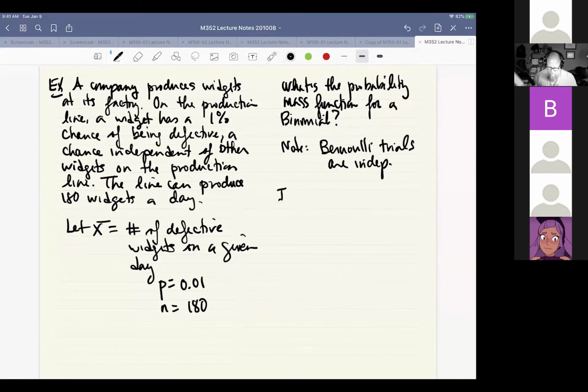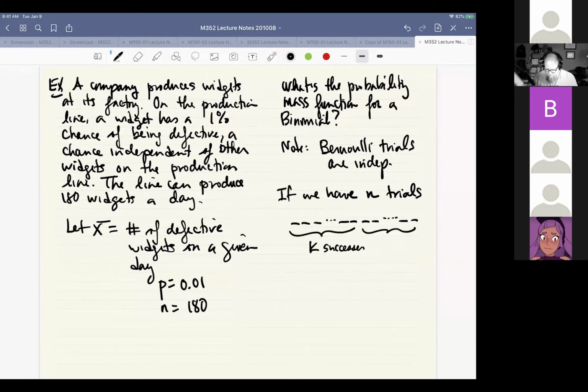So if we have n trials, and each one of them can be a success or a failure, and we want k successes, that means n minus k failures.